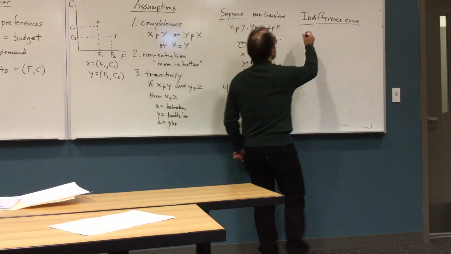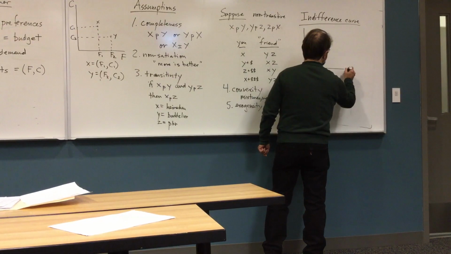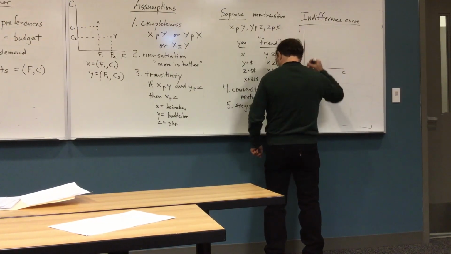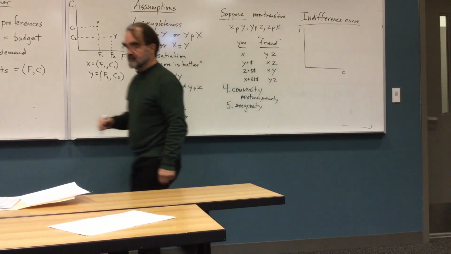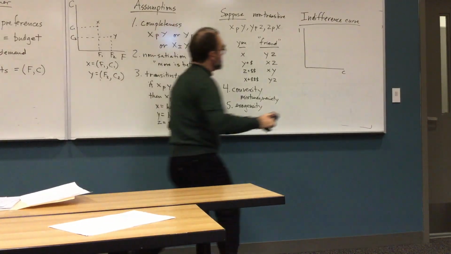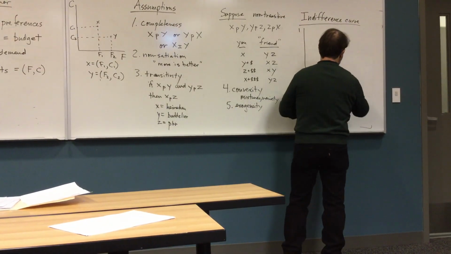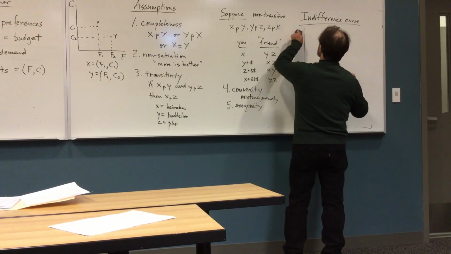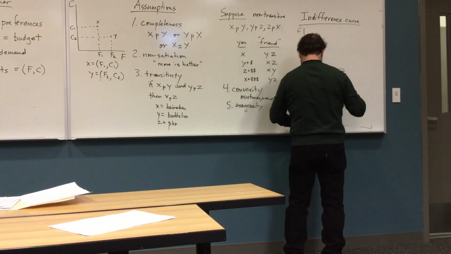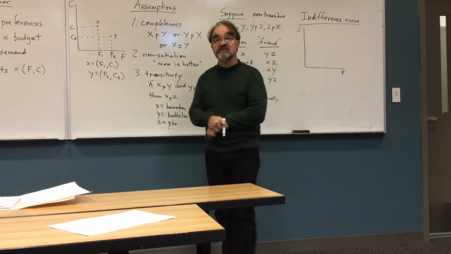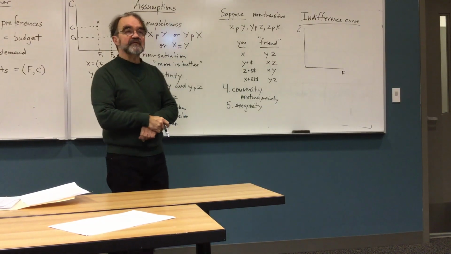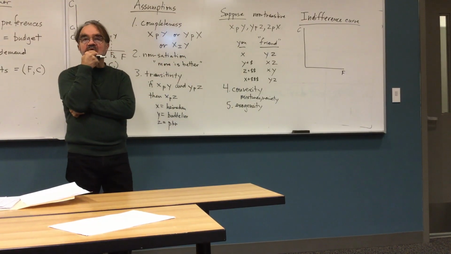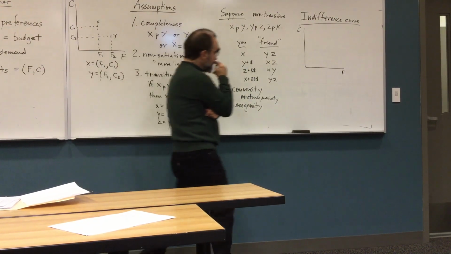So if we were to draw a graph here, let's see, I'm putting food on the horizontal axis. Let me be consistent about that. It doesn't really matter, but just for consistency's sake.